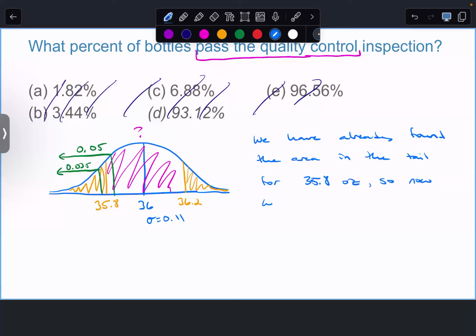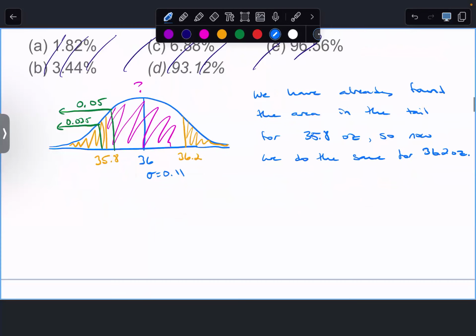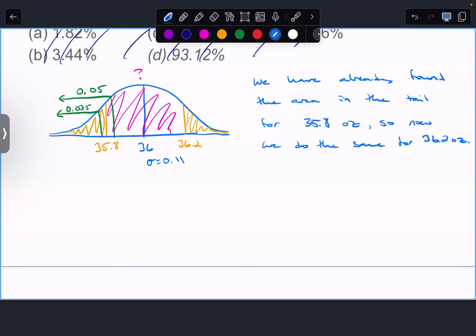So now we do the same for 36.2 ounces. Found a range, but that's okay. For 36.2, we didn't talk about how we would find this area, but there's a lot of ways, right?